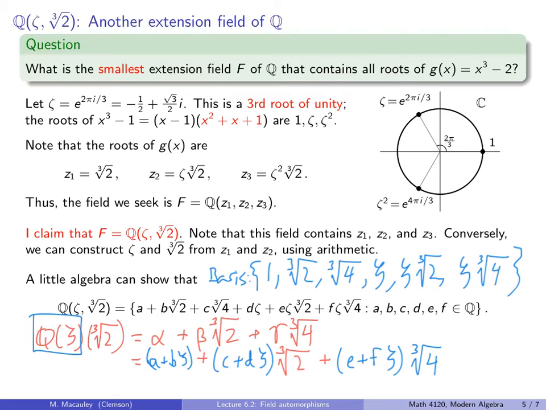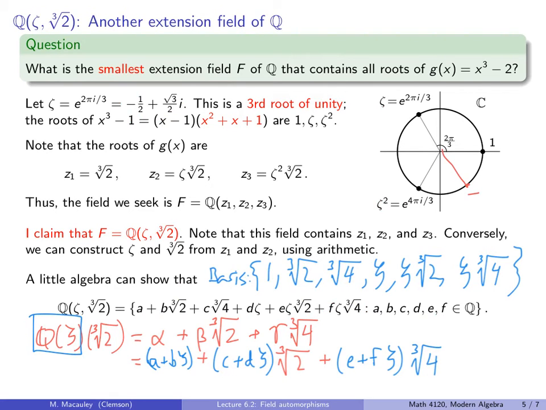I have a zeta here, but I don't have a zeta squared, and there's a zeta squared over here. Well, why is that? So several reasons. First of all, zeta squared can be generated by zeta. So if you take zeta and you take negative zeta, maybe it's easier to look at when you take negative of this. So negative zeta is over here.